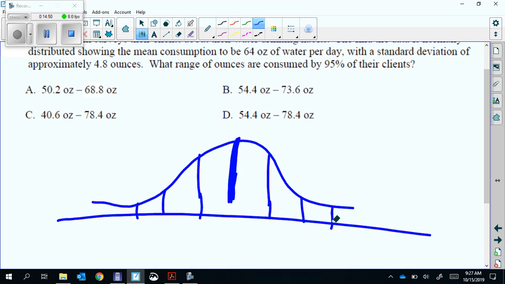And the percentages are broken down. So this first section of each, this is 34% here and 34% here, which puts 34 plus 34 is 68% in the middle. If you go out a little bit further than that, each of these is 13.5%.